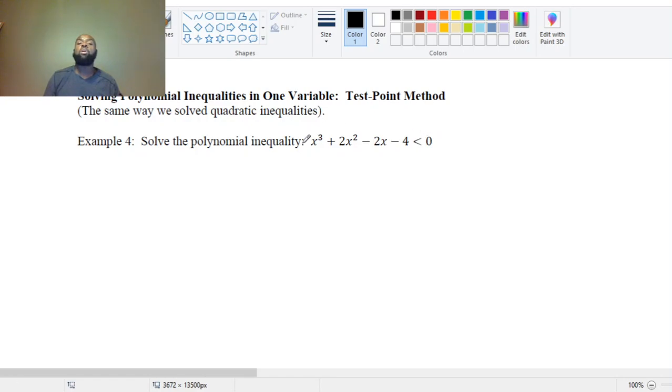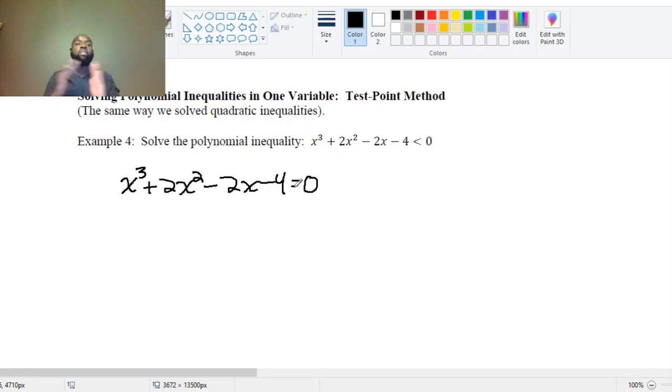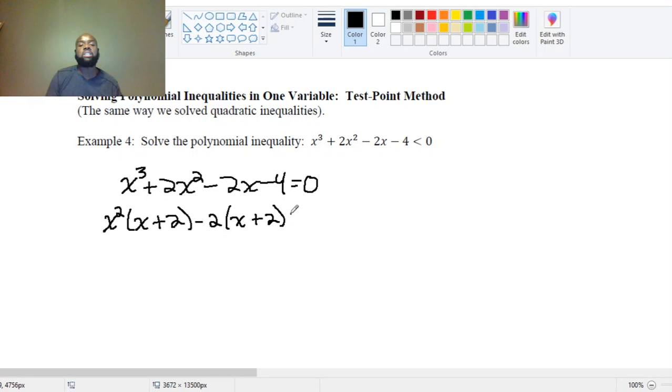So this polynomial inequality already has 0 on one side and everything else on the other. So we're going to set this equal to 0 so that we can find the zeros. The zeros are where it will cross the x-axis. And I'm going to do this by factoring. If you wanted to, you could use the rational zeros theorem and find the zeros using synthetic division.